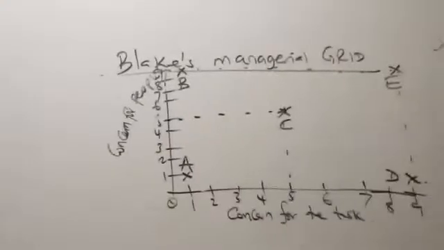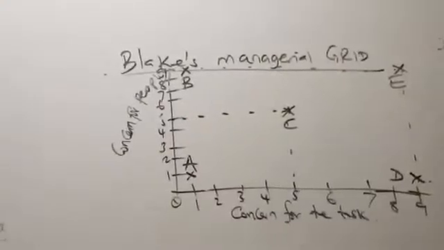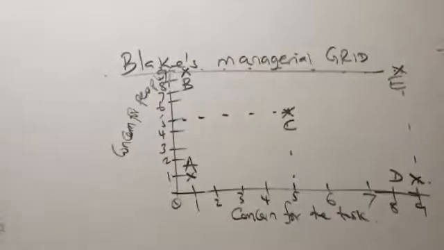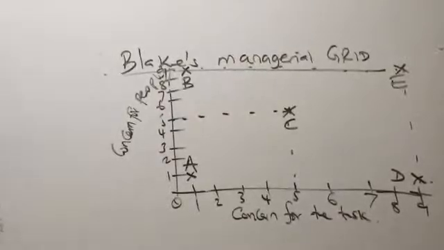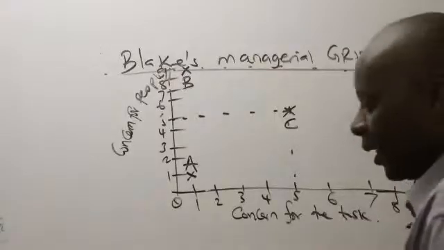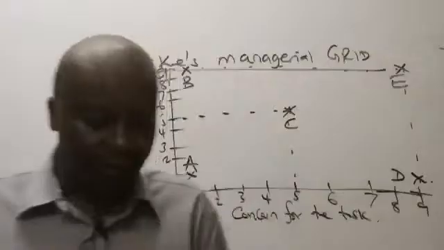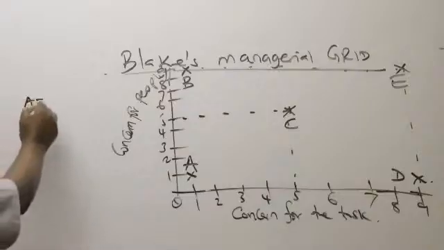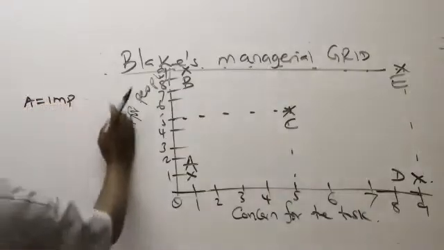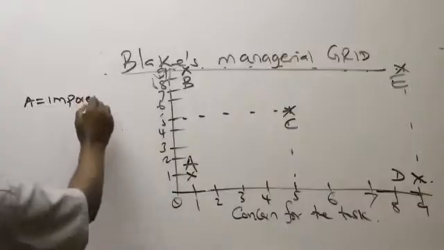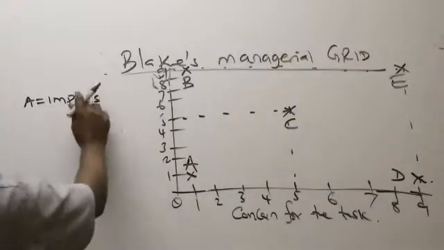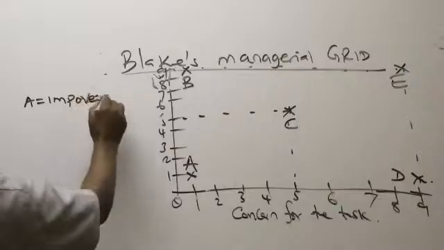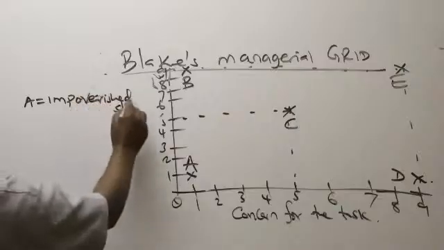I hope that is still clear. Yes. So we have our A guy, the one we call impoverished style. That is A.